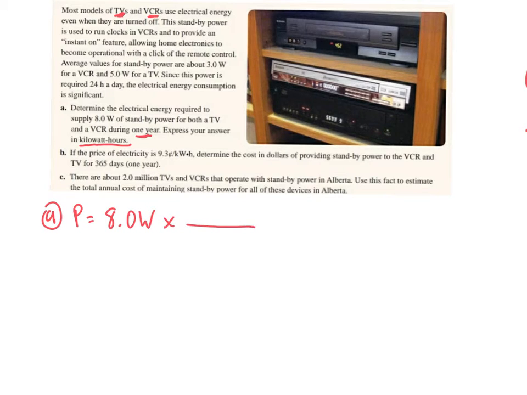So if we take it like this, we put our kilowatts on the top, put our watts on the bottom. 1,000 goes down here, 1 goes up here, our watts cancel out, and we're left with 0.008 kilowatts, or 8 times 10 to the negative 3. And of course, if we want to do sig digs, that would actually have to be 8.0 there.